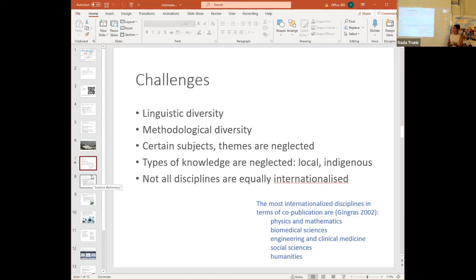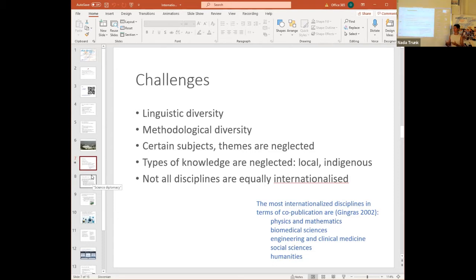But an interesting implication of this internationalization is also that methodological diversity is getting lost a little bit, that certain methodologies prevail because they are much more conducive to international collaborations. And to not delve on this issue for too long, for instance, case studies tend to get very much sidelined.